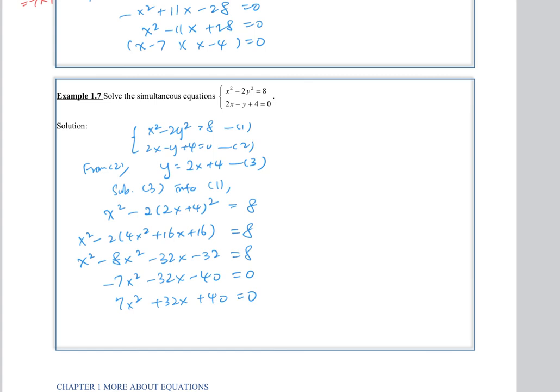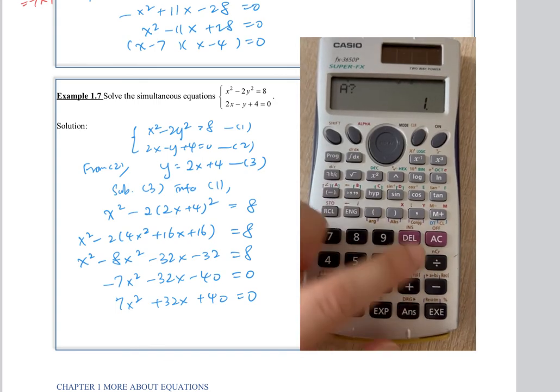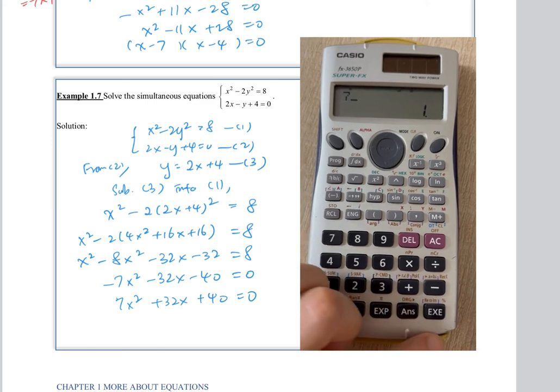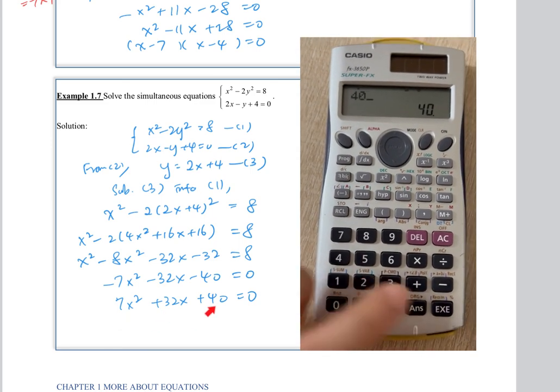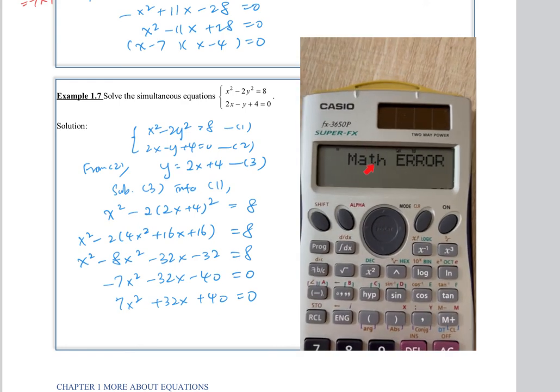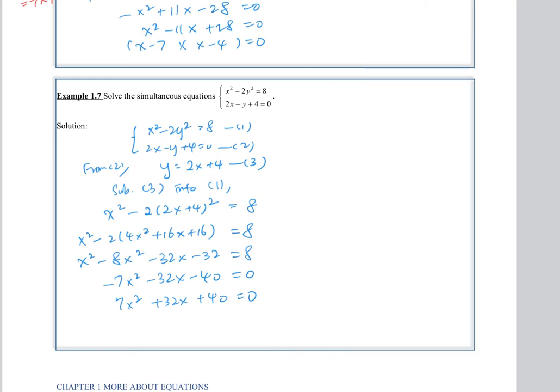So this time I find it is quite hard to use the cross method. So maybe we can use the calculator. A is 7, B is 32, C is 40. And you get math error. But of course, we can't write down math error in the answer, right?